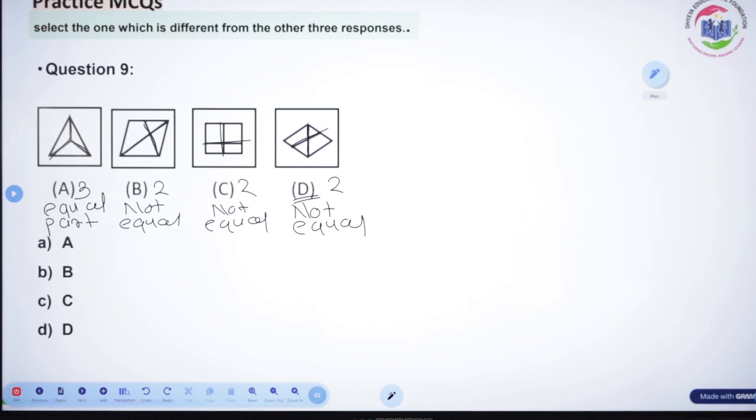Options B, C and D use two lines and don't divide into equal parts. But option A uses three lines and divides into equal parts. Because of this, option A is the correct option.